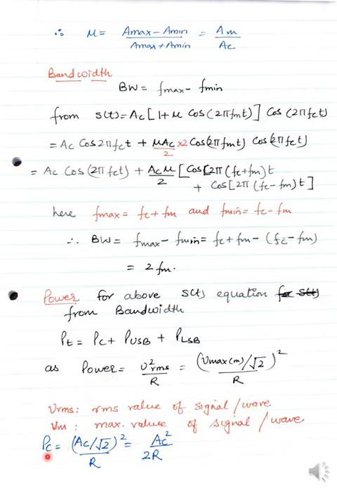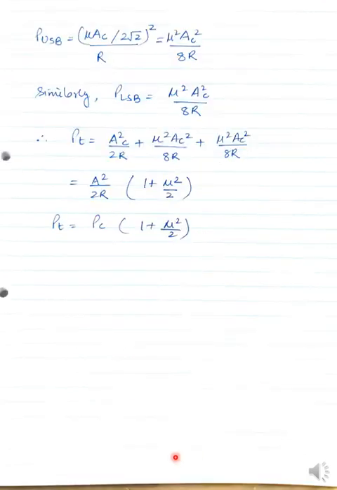Now here, if we need to find Pc, meaning the power in the carrier signal, then the maximum amplitude is Ac, so it's (Ac divided by root 2) whole square, so it will be Ac square divided by 2R. P USB will be equal to (mu Ac divided by 2 root 2) whole square divided by R. So it will be mu square Ac square divided by 8R.